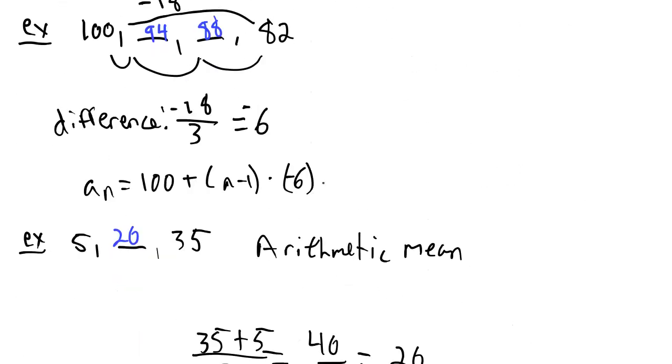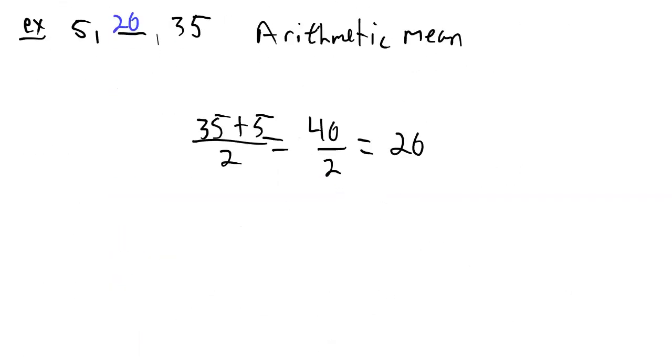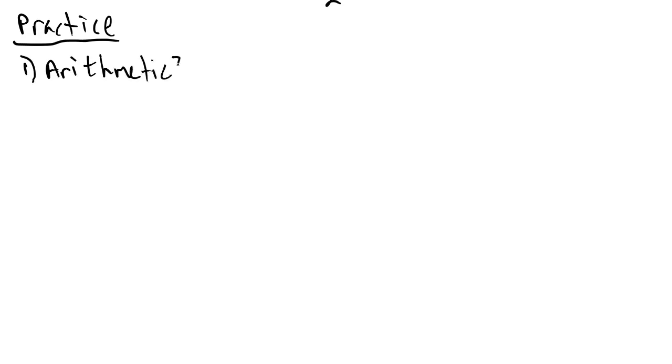So let's do some practice problems. I want you to start by telling me whether this is an arithmetic sequence. Let's go with 5, 8, 11, 14, and whether this one is.